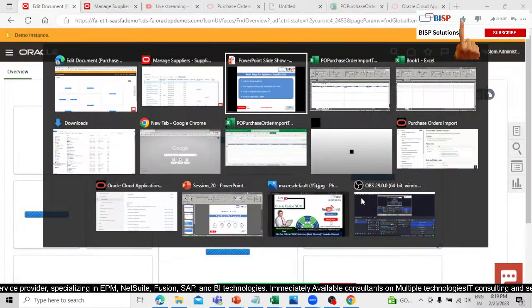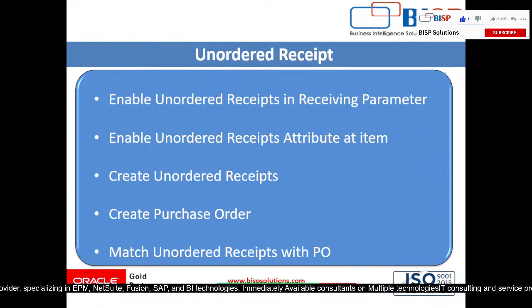So now go to the next, unordered receipt, right? What is an unordered receipt? Suppose we procure 1,000 items from the supplier on an urgent basis.